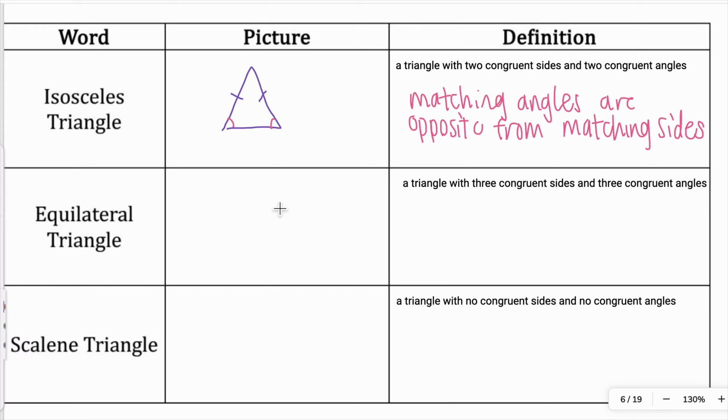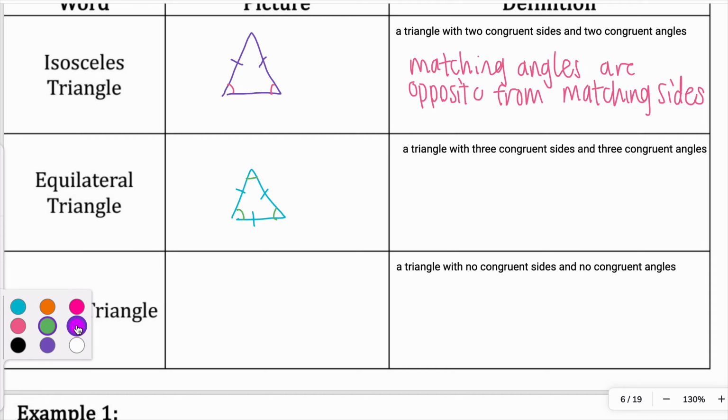We'll talk more in detail about that later on in Unit 5, but that might help you remember a few things, okay? An equilateral triangle would just mean we would see all three sides are equal, and we would also see the same number of arcs for the angles, okay? And then last one is scalene triangle.